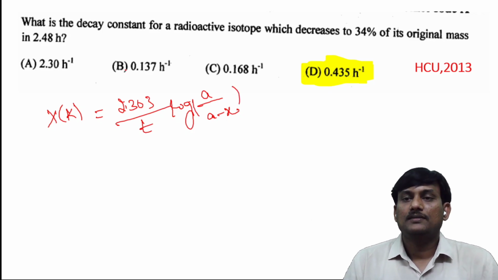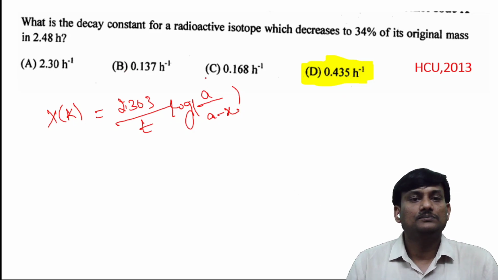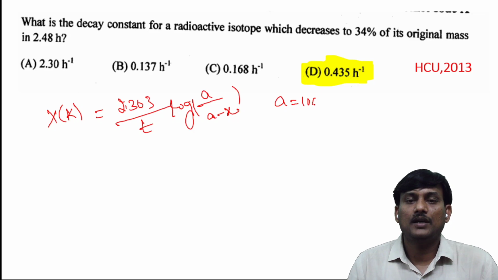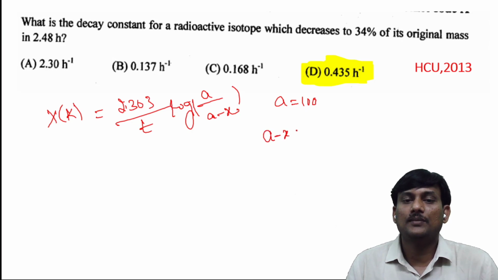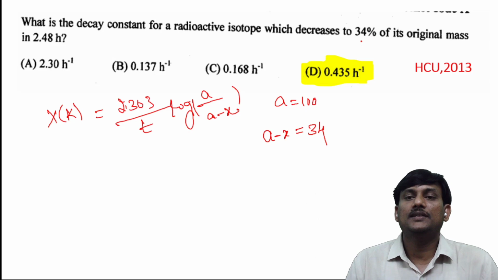So what are the parameters which are given? T is given, and initial, let's take A as 100, and it decreases to 34% of its original mass. That means it decreases to, not decreases by. So A minus X is 34. Suppose decreases by means the value is X, but decreases to means A minus X is given.